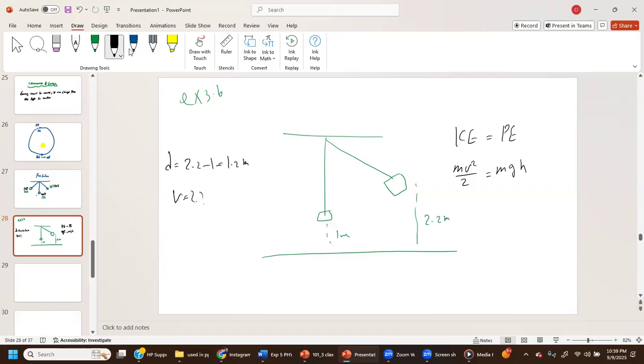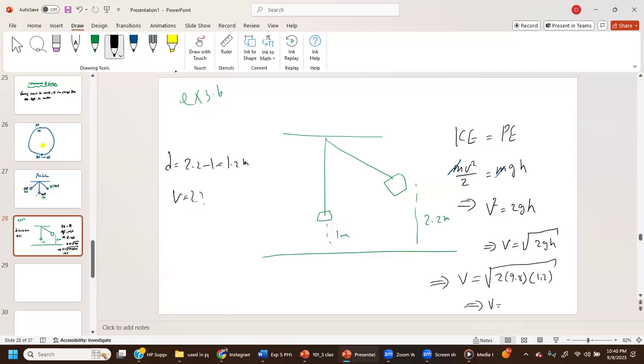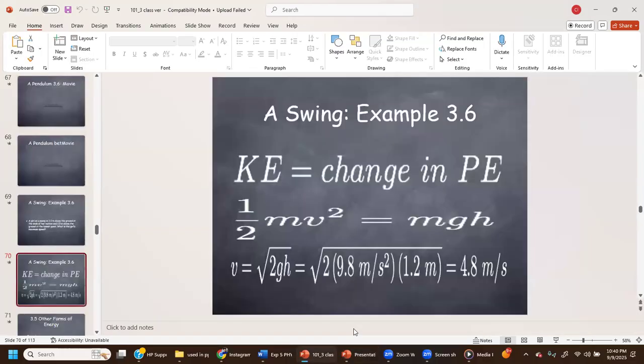And in this case, your masses cancel out, which means that v squared equals 2gh, which means that v equals the square root of 2gh, which equals the square root of 2 times 9.8 times your height, 1.2. And solving for this, I got 4.8 meters per second. Let me go ahead and check our answer. It is 4.8 meters per second.